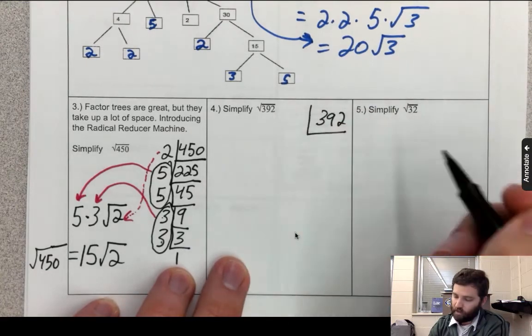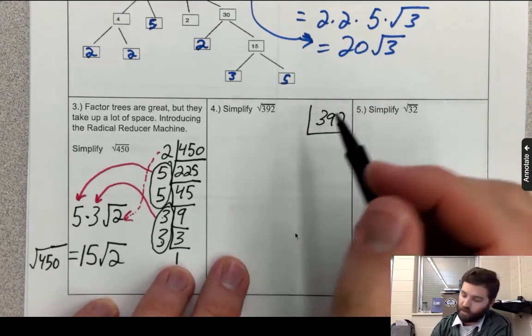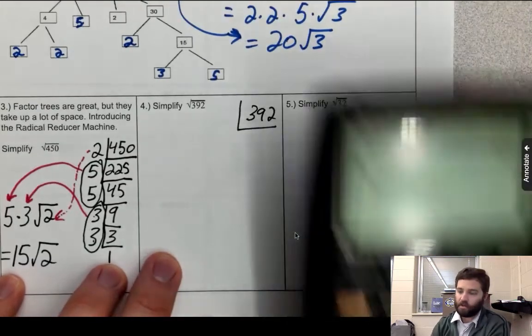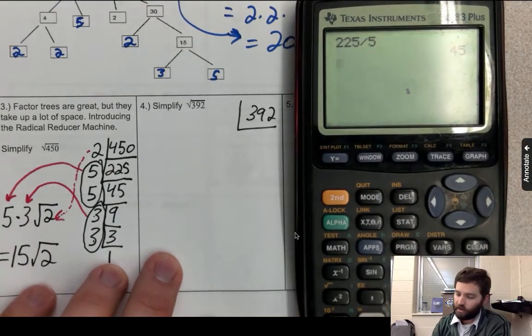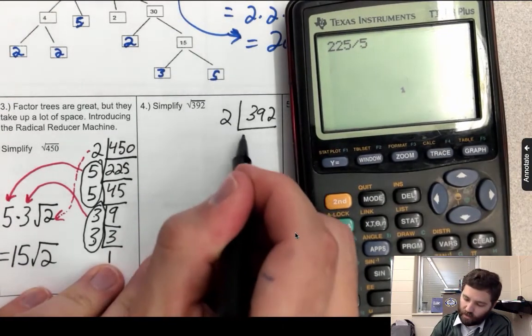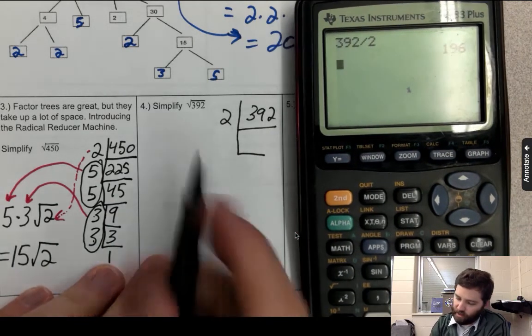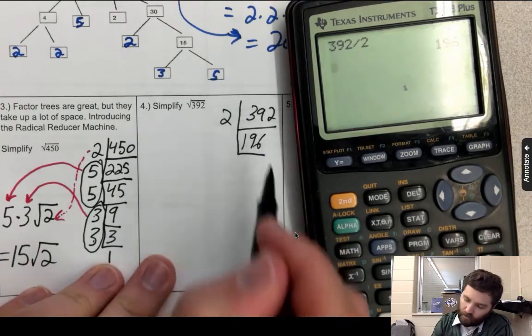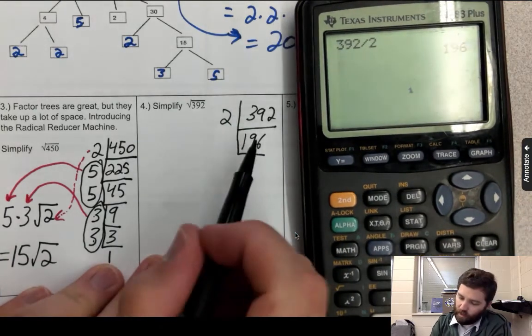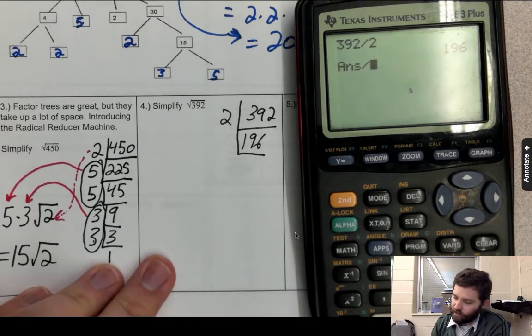So hopefully you paused. Now I'm going to go through this one a little bit quicker. What's a small prime number that goes into 392? Well, 2. It's the most obvious one to me. So 392 divided by 2, 196. All right, so what's a small prime number that goes into 196? Well, 2.